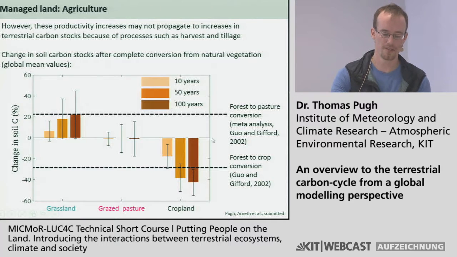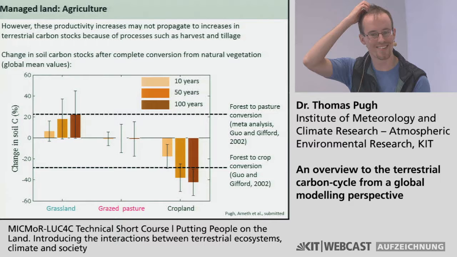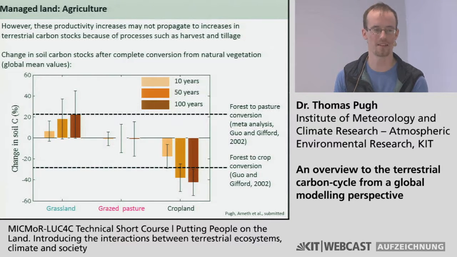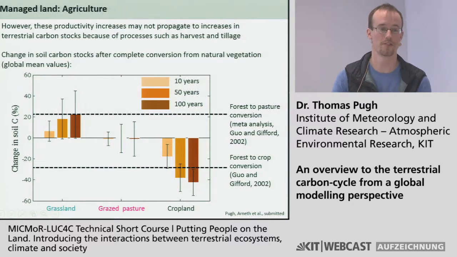But once you start grazing that grassland, then you probably come out with some kind of more equal response. The soil carbon response as an average isn't particularly different, although there's a huge spatial variability. Some places show us an increase, some places show a loss. And of course it depends on the intensity of the grazing. And then if we move to cropland, you see a very strong loss in soil carbon.